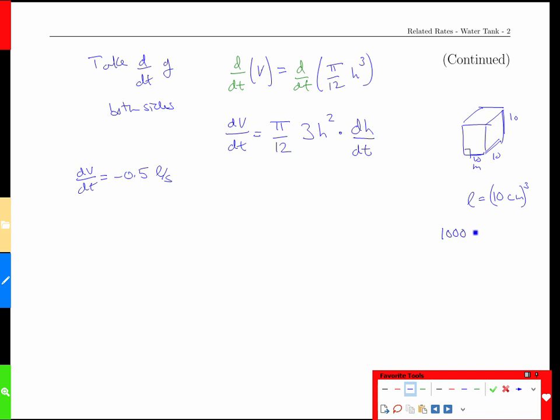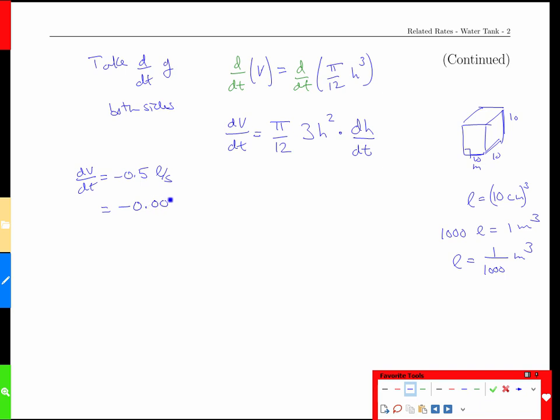So 1,000 liters, 10 cubed, is equal to 1 meter cubed. So if we go the other way, a liter is 1 over 1,000 meter cubed. These kind of unit conversions we do expect you to have in your back pocket to bring out as necessary.